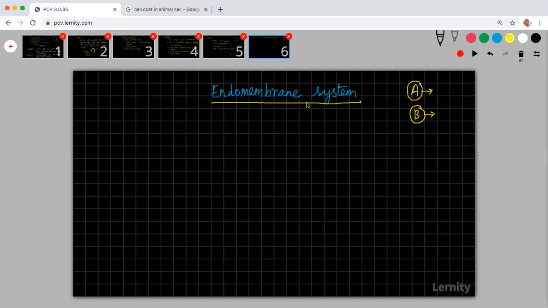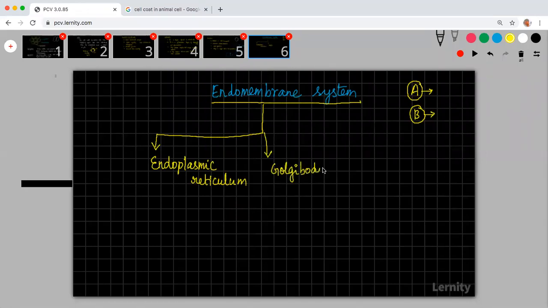Okay, so the next thing is the endomembrane system. The endomembrane system consists of 4 organelles. The first one is endoplasmic reticulum. The second one is Golgi body. The third one is lysosome. The fourth one is vacuole.